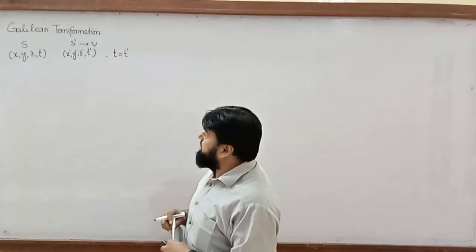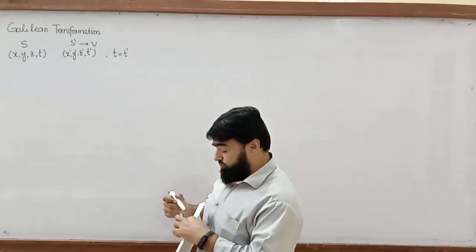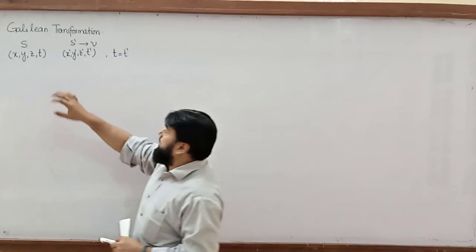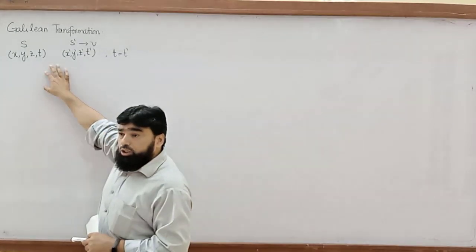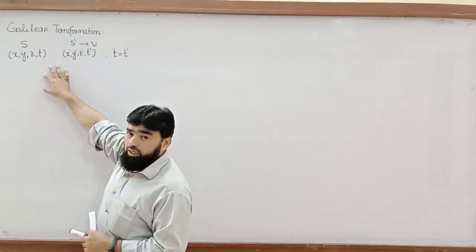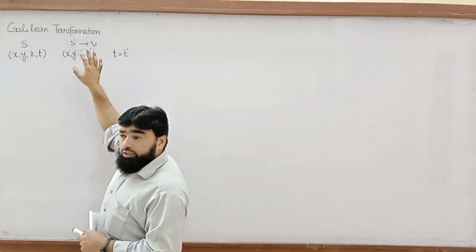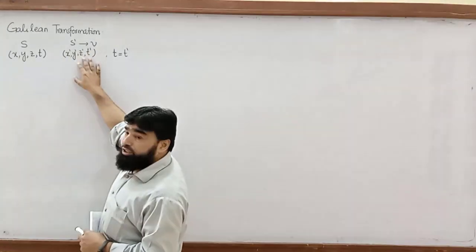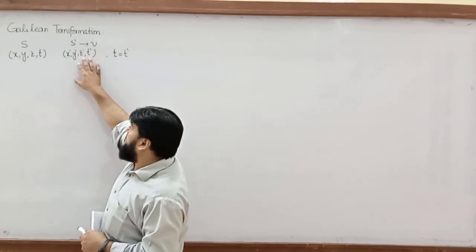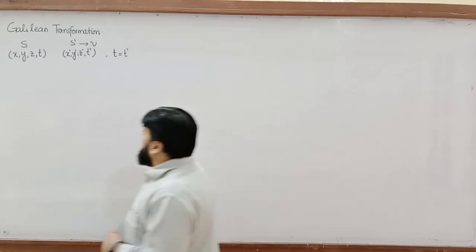Now we consider these frames, and in these frames we know that Galilean transformation discusses the relative motion. It is considering the space is absolute, the time is absolute, while the time is an independent entity compared to the other types of transformations.